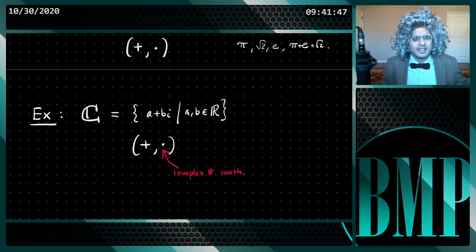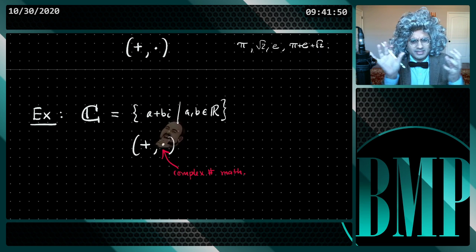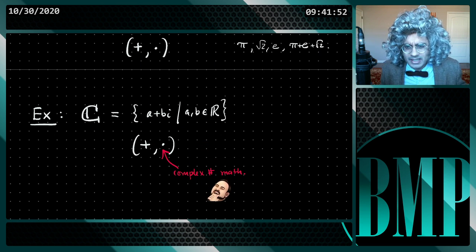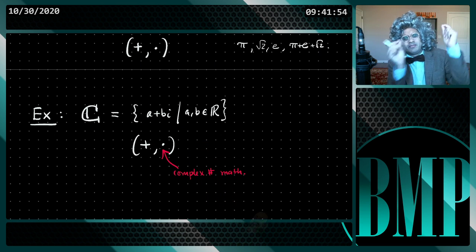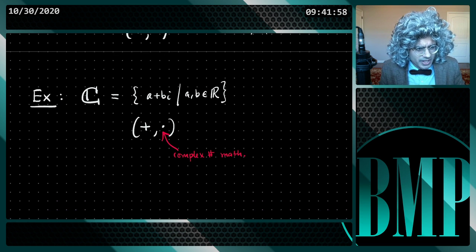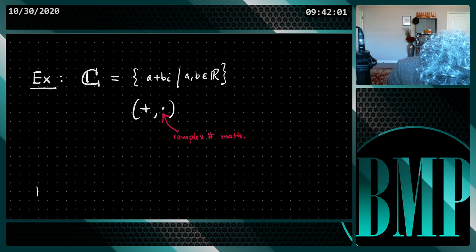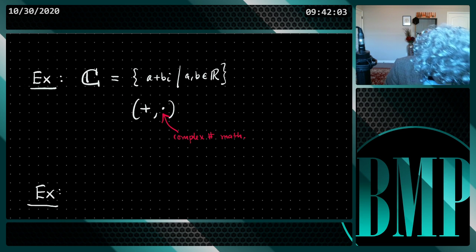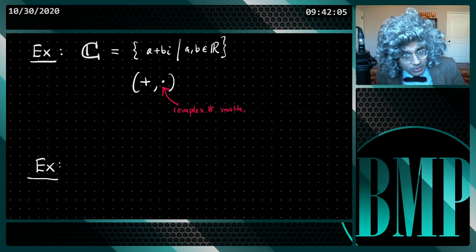All right? You can write it out. A plus bi times c plus di. Define it like that. Okay? Do that. Here's an example.